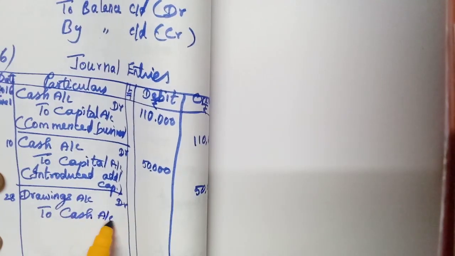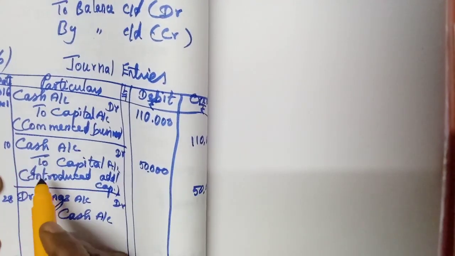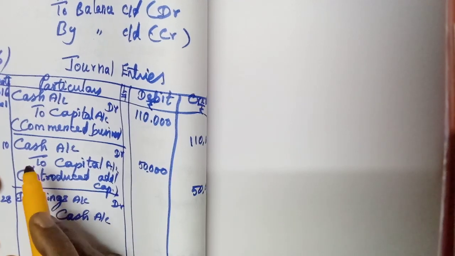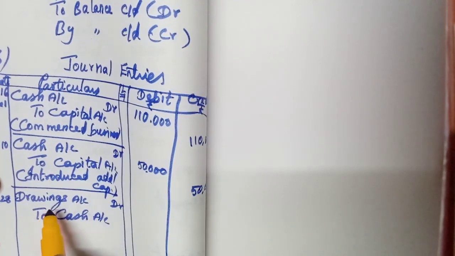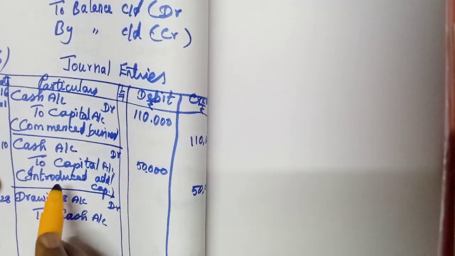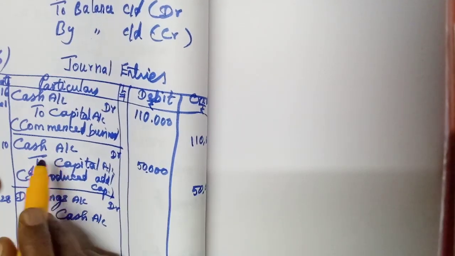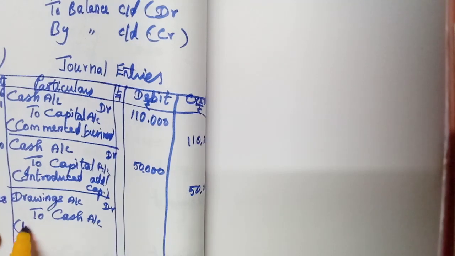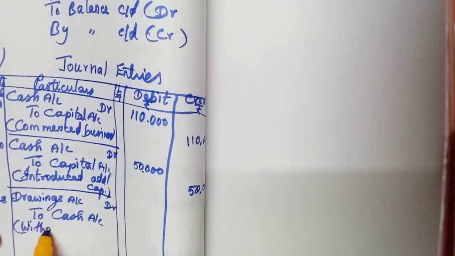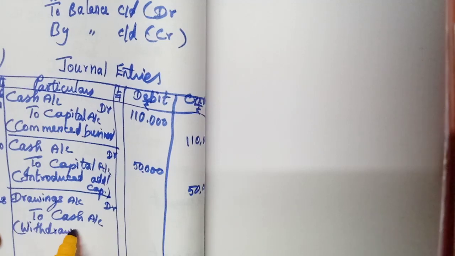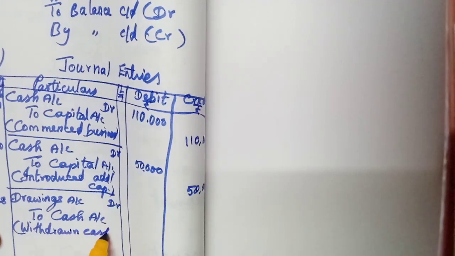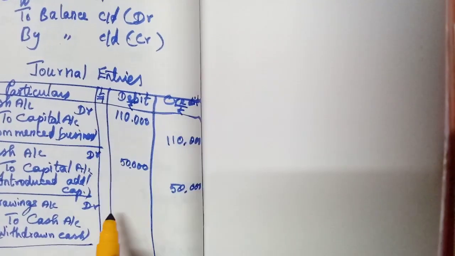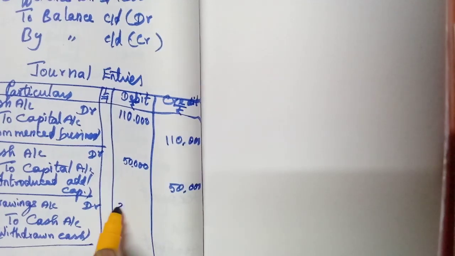Here we should have debited capital, but they are writing as drawings, just to differentiate. Cash is going out. Withdrawn for personal use, or withdrawn cash. 20,000.